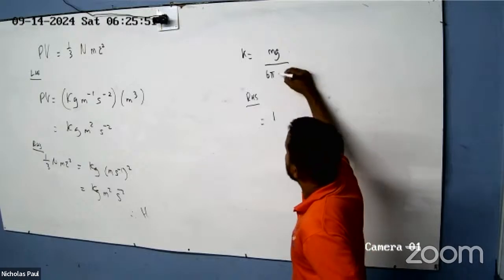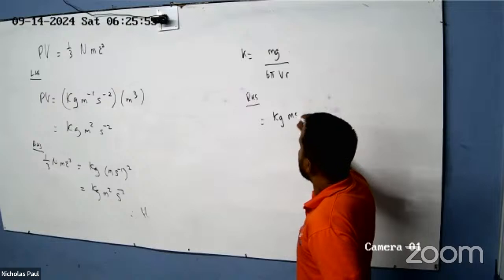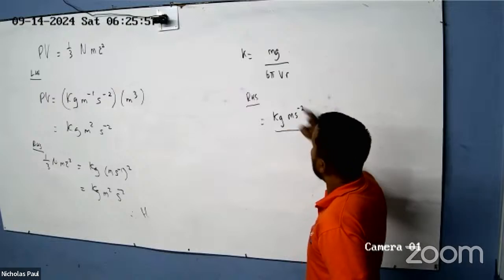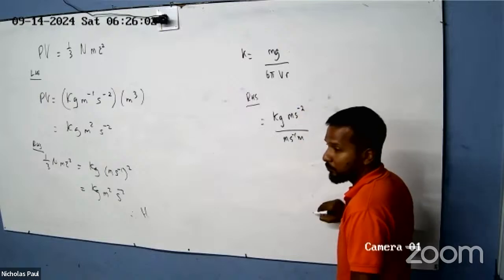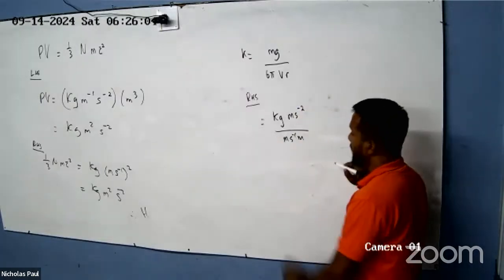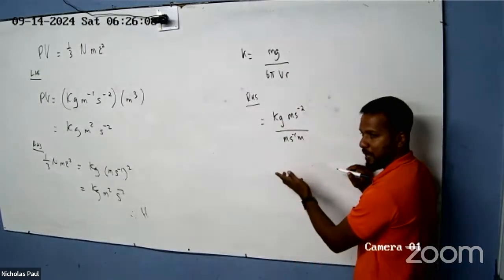So that would be kg m s to the minus 2 all over m s to the minus 1 times r. That's okay? The SI unit for velocity is this. R is radius, so that's meters.